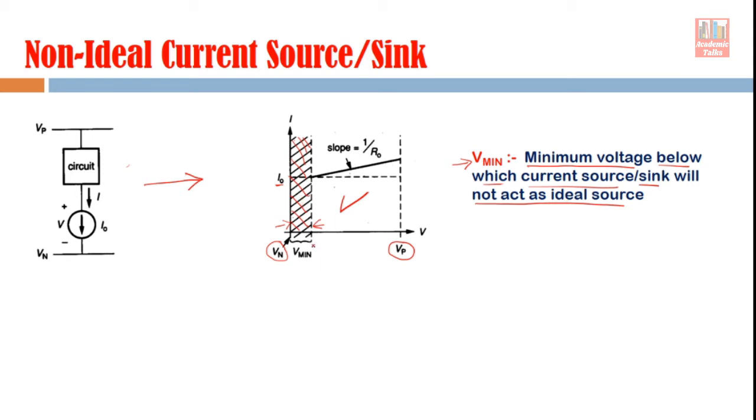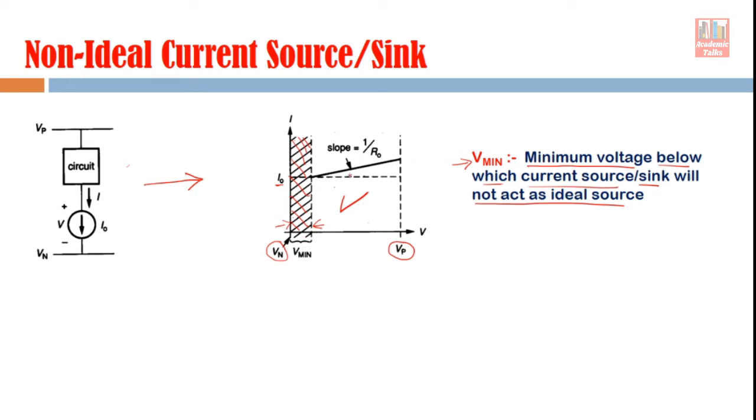So whenever you work with a current source or current sink, you should ask this question: what is its V minimum, because that voltage will tell you the range up to which it is not going to give you the perfect characteristics of a current source.